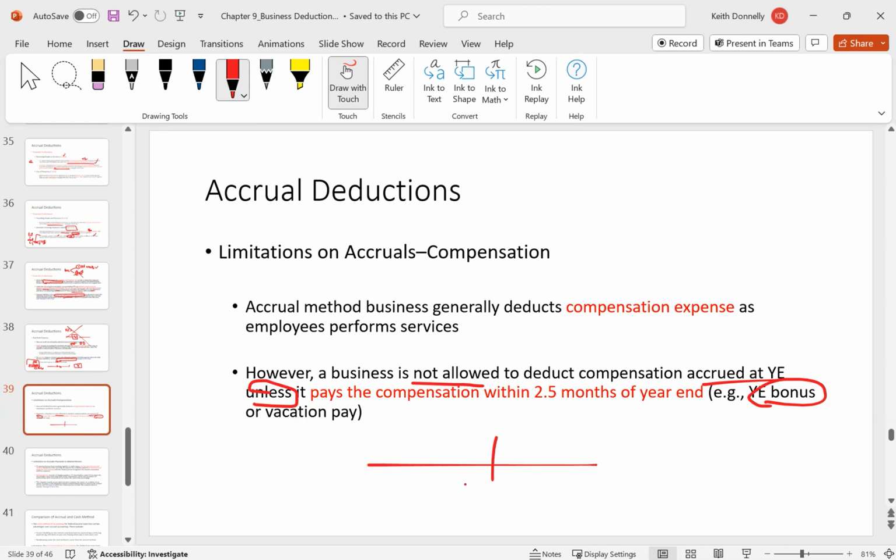So here we go, year end, we're giving you your year end bonus. Unless we pay it to you within 2.5 months. If we do it within there, then we get the expense in year 1. If we pay it to you after that 2.5 month window, we only get the expense in year 2.